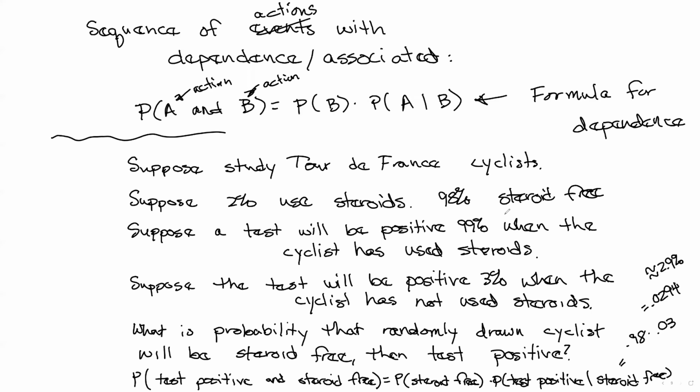One of the neat things you can do with these conditional probabilities, these sequences of dependent events, is create probability trees. Let's do it for this problem. We have a cyclist, and you can think of these as a sequence of events.